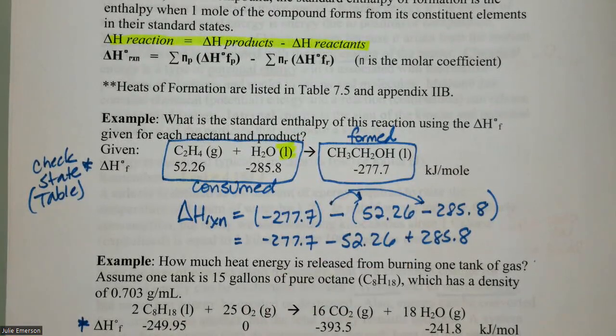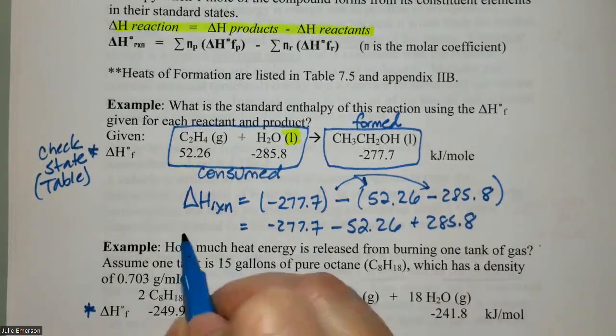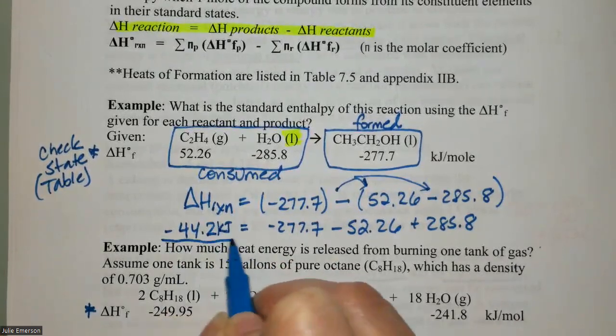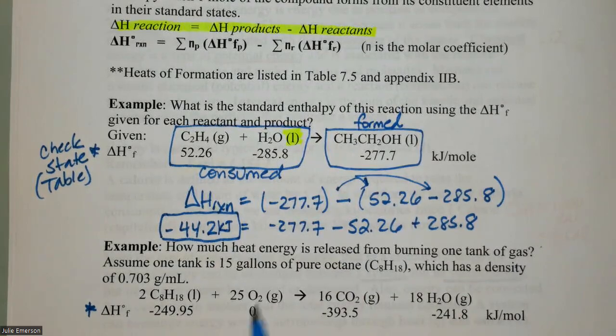Not overly concerned with decimal places here, but we would follow decimal places. So negative 44.2 kilojoules. That would be the delta H for this reaction, looking at the heats of formation.